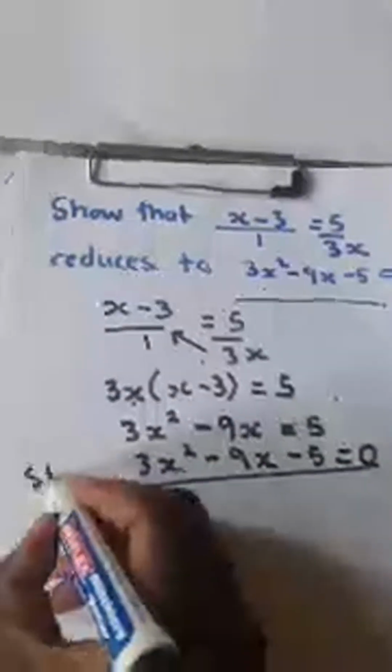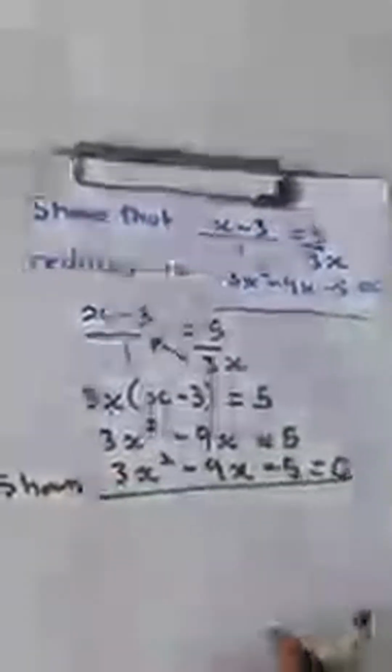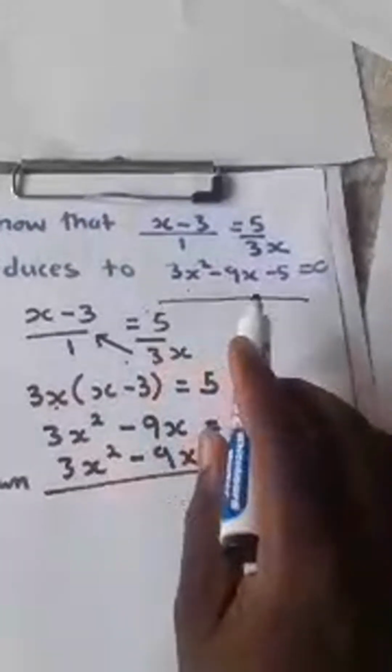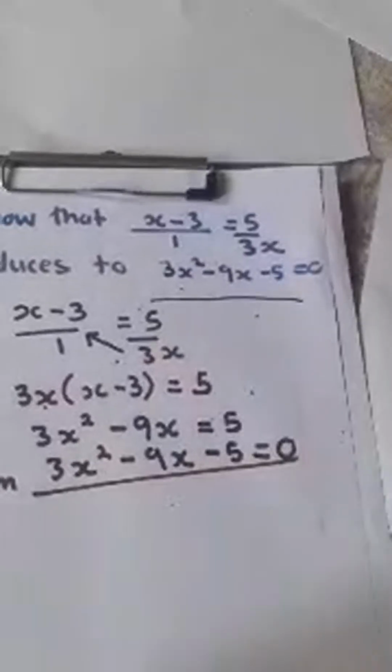So it is shown that if we multiply (x minus 3) over 1 is equal to 5 over 3x, it reduces to 3x squared minus 9x minus 5 is equal to 0.